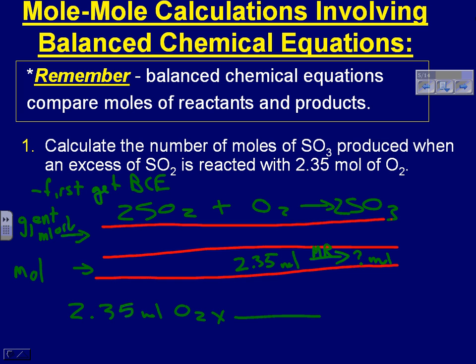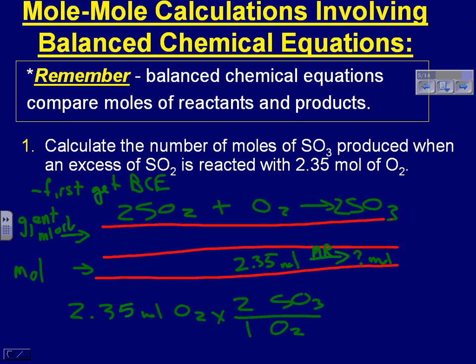How many moles of O2 am I going to put on the bottom? Yep, Shauna? 1, because of the coefficient right there. For every 1 O2, I'm not even going to write down moles because there's already moles there. What's going to go on the top? What do I want to find out about? Shauna? 2 SO3, because that's what I want.